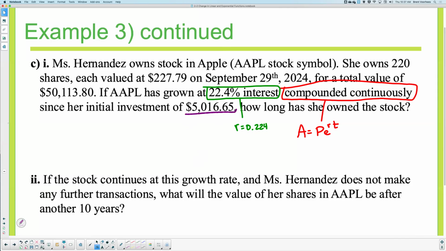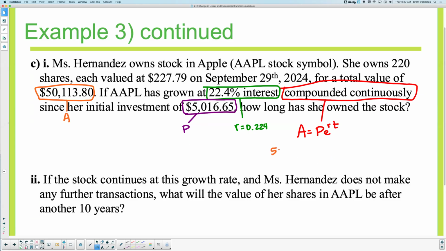What's the 5,000? That's the initial. And the 50,000 is important. That's our A. So what's the 220 then? Nothing for our problem. Matters nothing.